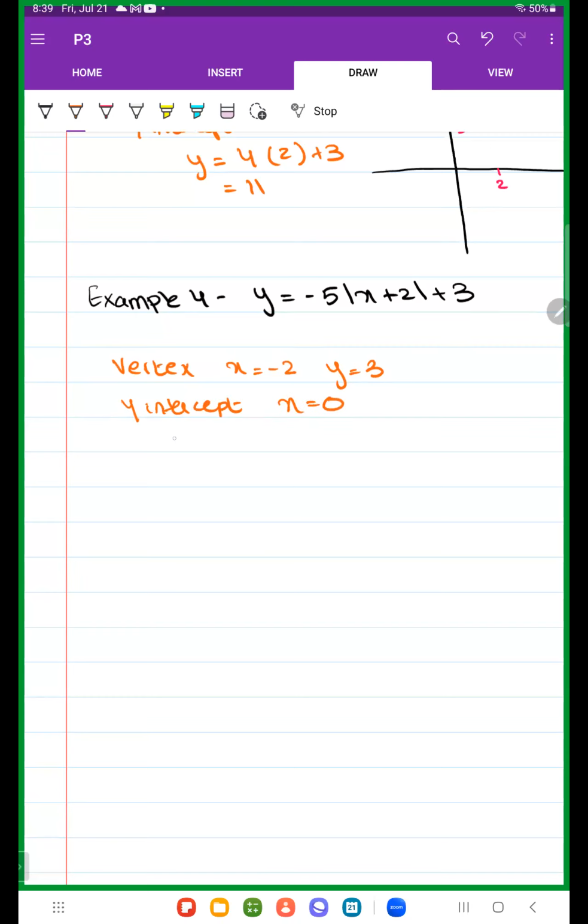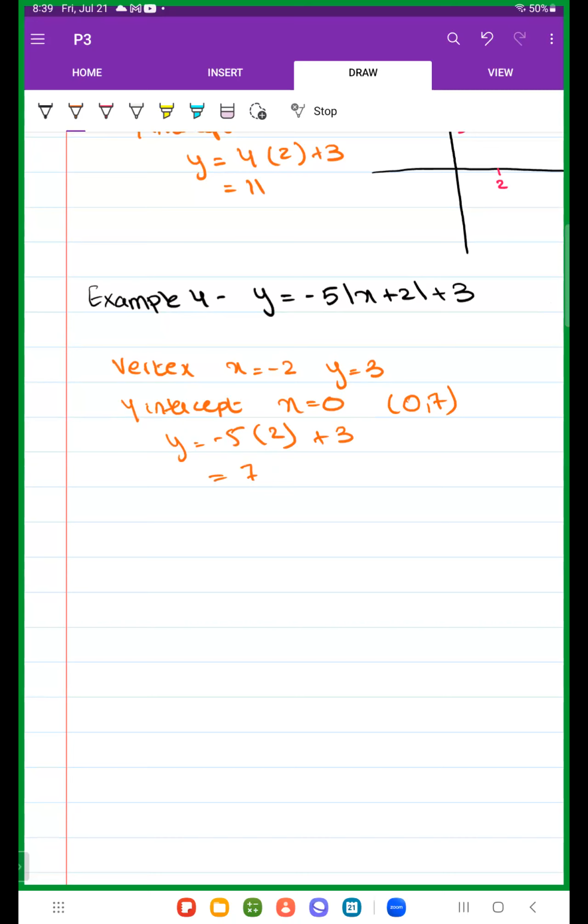So y would be minus 5 into 2 plus 3. So it's going to be 0 and 7. What mistake did you make? I took x as plus 2 instead of negative.